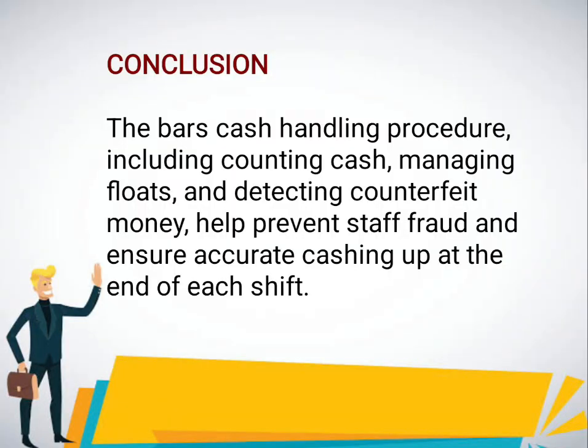Finally, we have the conclusion of handling cash and payment in the bar. If you are a cashier or counter staff in the bar, you must know the processes, the procedures, and the standard of service. You must know the bar cash handling procedures and how to handle payments from the customer, and including counting cash, you must recount the money you receive. It is also important to manage your floats and detect counterfeit money.